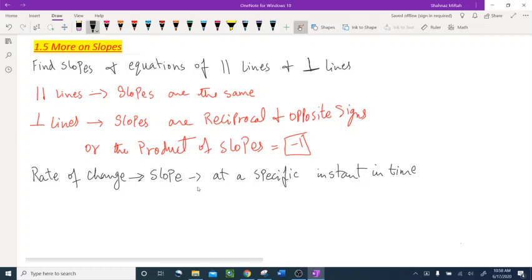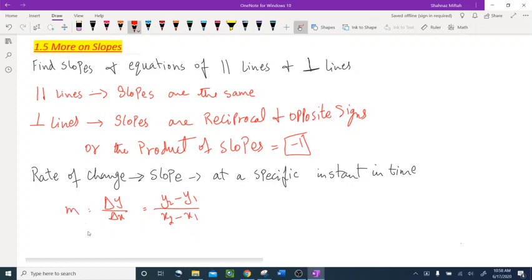It describes how fast y is changing with respect to x. We usually use a formula for this, which is change in y over change in x, or we can use a formula that we are really familiar with, y2 minus y1 over x2 minus x1.